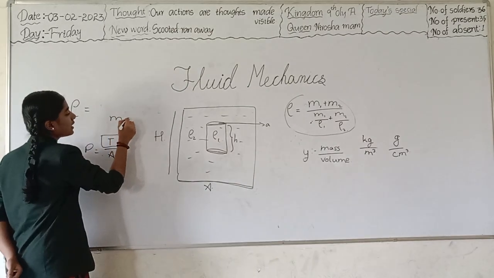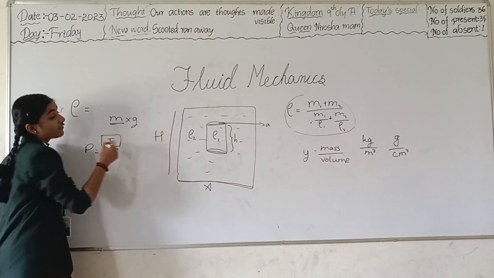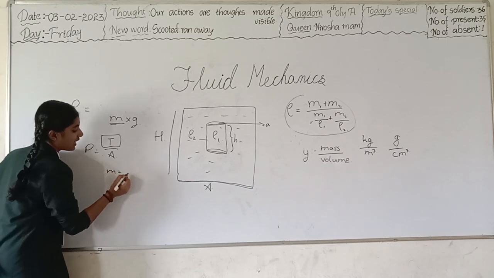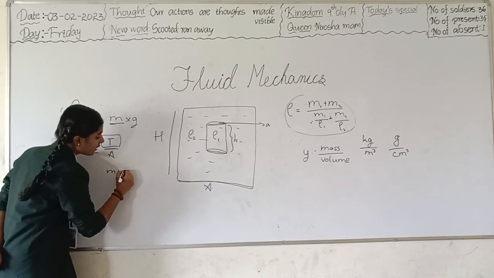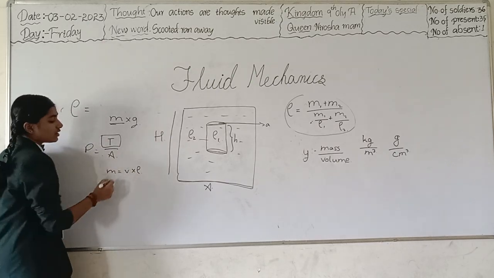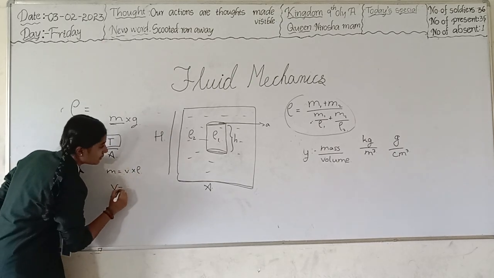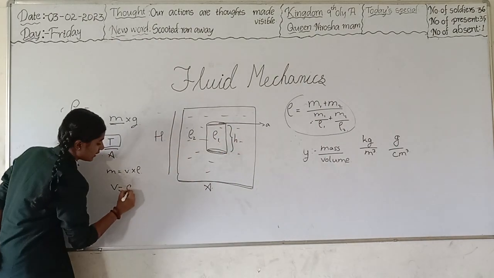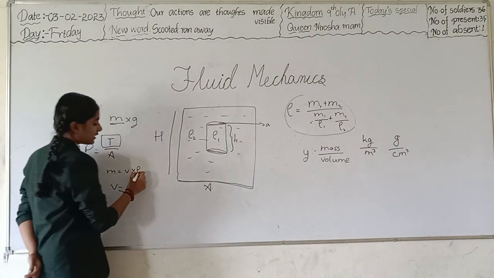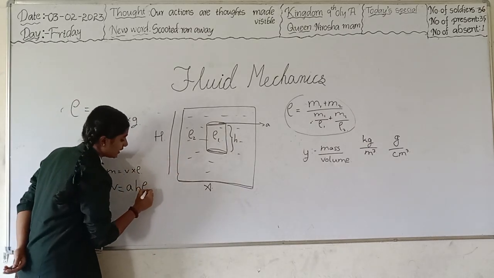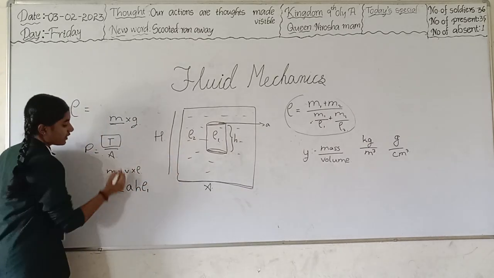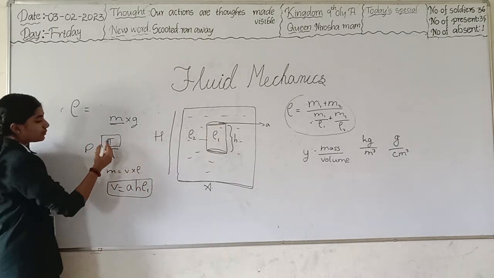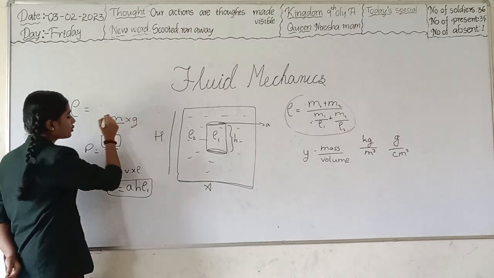Thrust is equal to mass into gravity. And we don't even know the mass of it. And how do we find the mass? Mass is equal to volume into density. So volume will be equal to area into height, AH. And density, we take it directly, rho 1. And we got the value of mass. So we have to multiply with gravity to get thrust.